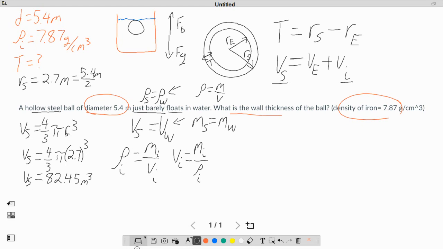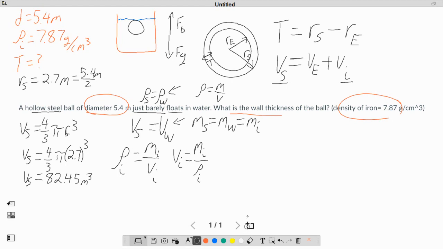And if that's true, the total mass of the sphere is really just the iron, right? Because there's nothing else in the sphere. Now, the mass of the iron is the same as the mass of the sphere, which ends up being the mass of the water. But the volume of the iron is not the same as the volume of the water, right? So be very careful there.